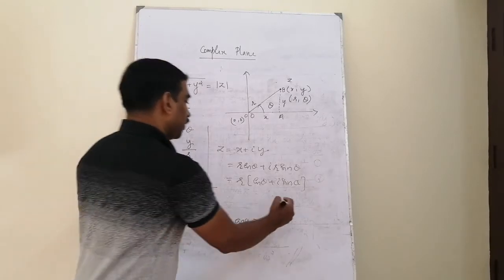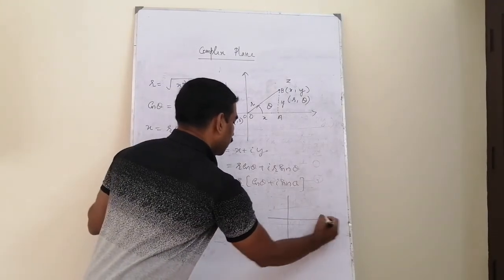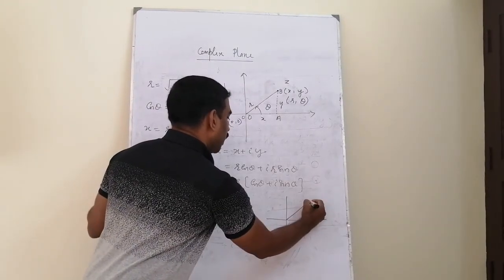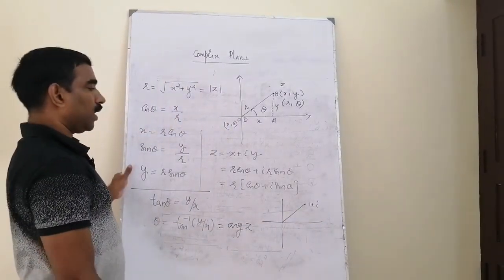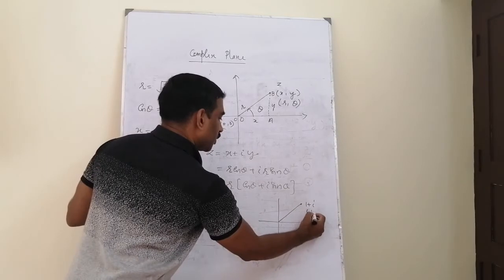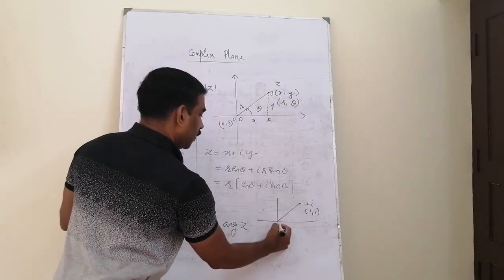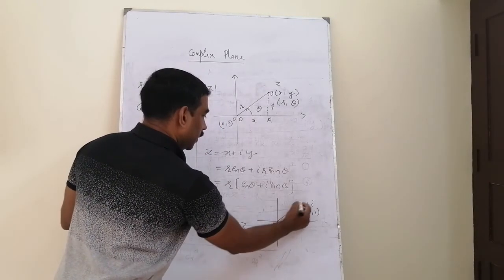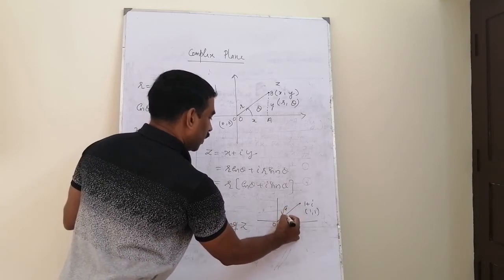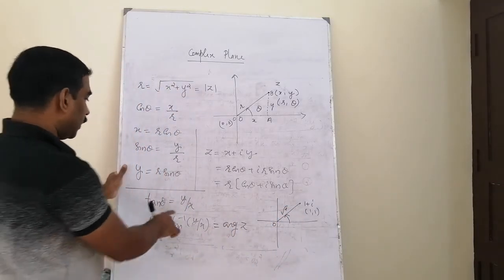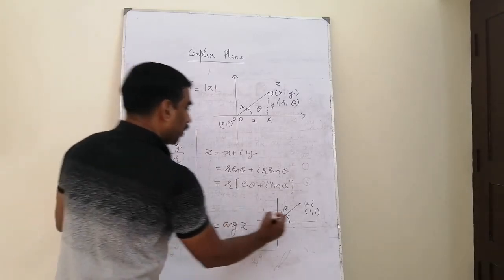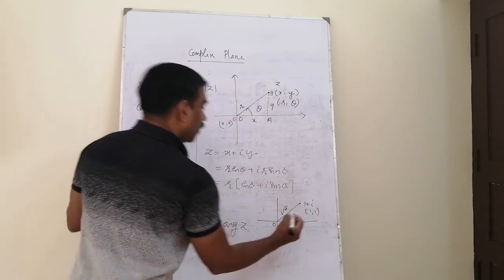That theta may be, for example, suppose we are considering the complex number 1 plus i, or the coordinate 1, 1. Then this distance is square root of 2, and this inclination will be tan inverse of 1, that is pi by 4.